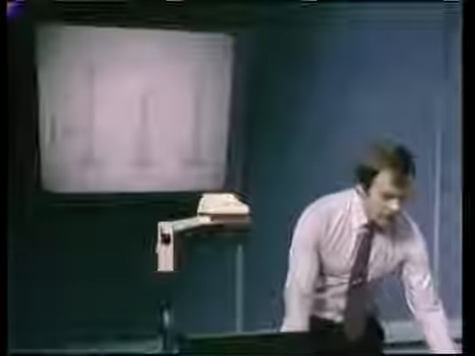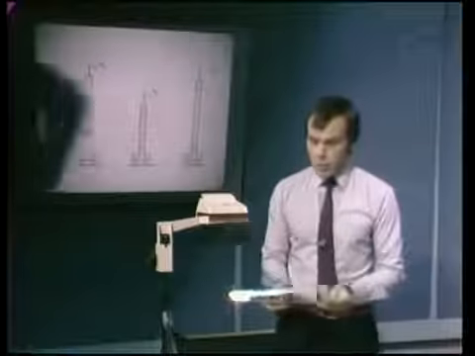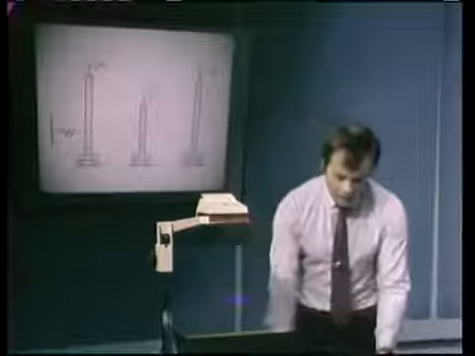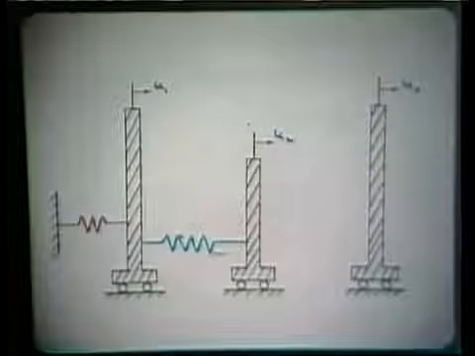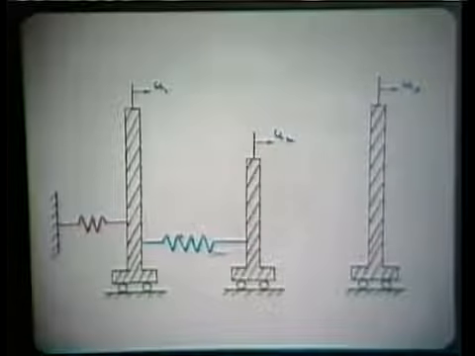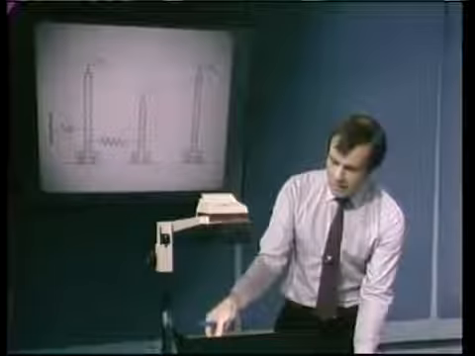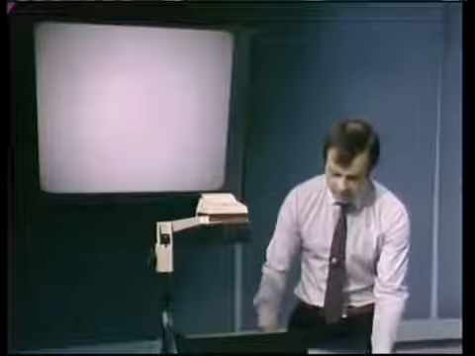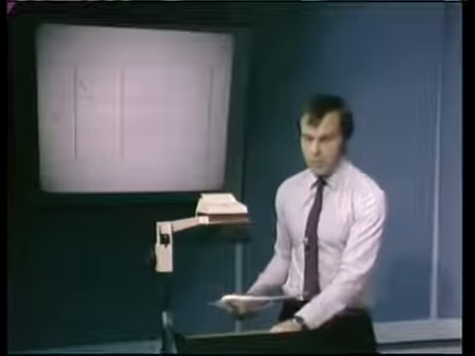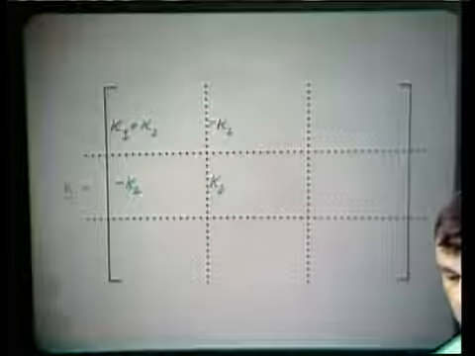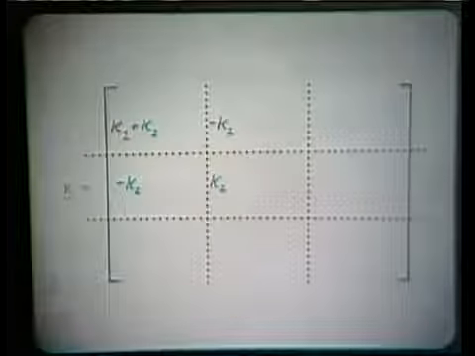With the second addition, we're adding in the second spring, and that means we are putting this spring there. That is k2. In our matrix formulation, what that means in our direct stiffness method is that we are going from this K matrix to that K matrix. We're adding the second spring stiffness into the K matrix.